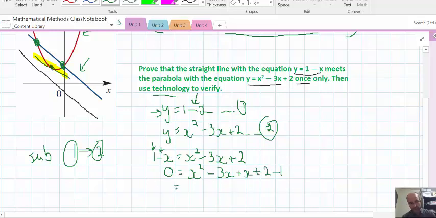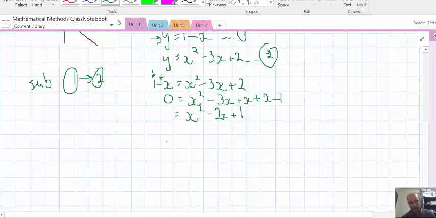Then we simplify that, and we've got x squared minus 2x plus 1. That's a perfect square. You can factorize that. That'll be x minus 1 all squared.